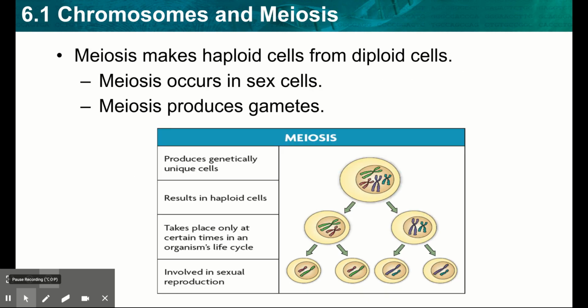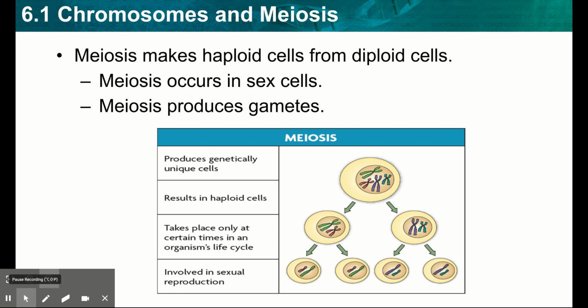If we compare the charts, again, make sure you write down this chart, meiosis is going to produce unique cells. Because when we talk about the process of meiosis, they're going to have half the genetic information from mom, half from dad. So that's going to create a unique combination. And that's why you have traits that are similar to your mom and dad, because they have been passed down to you. You are not identical, but you are unique and you have similar traits.